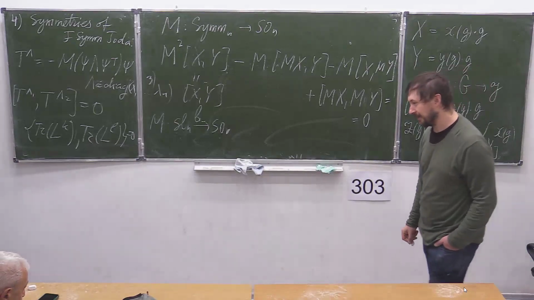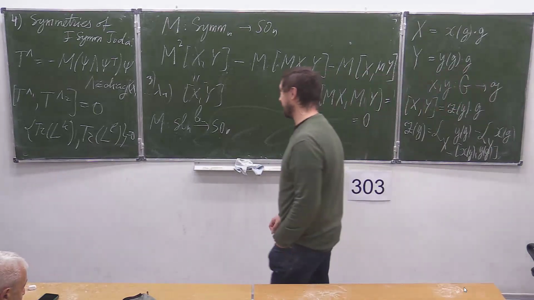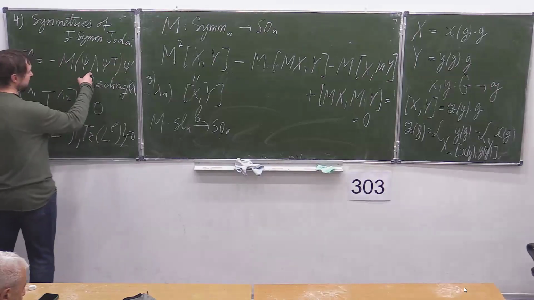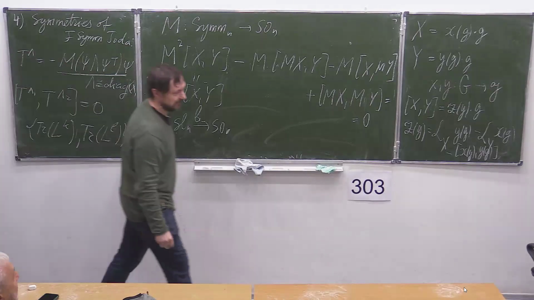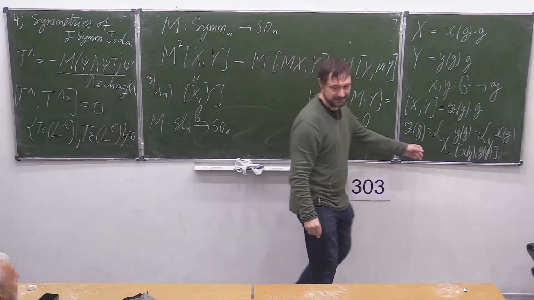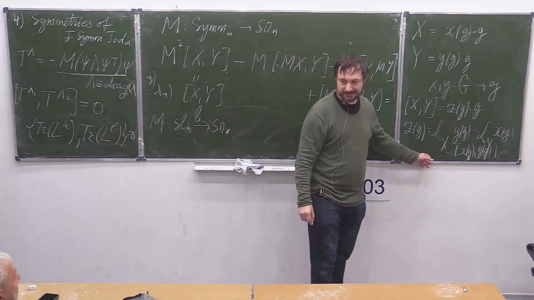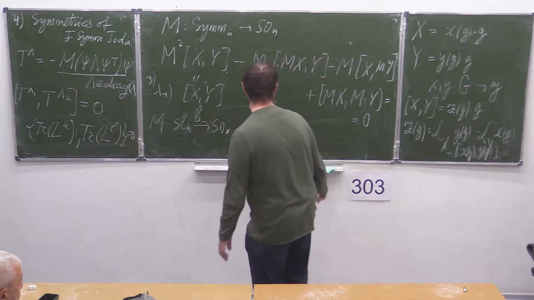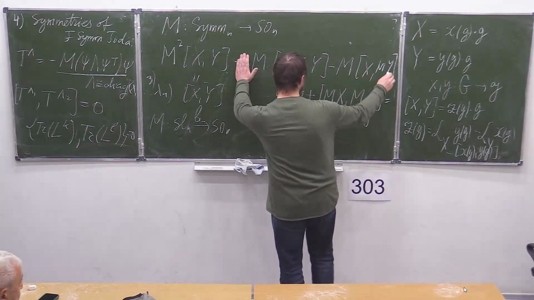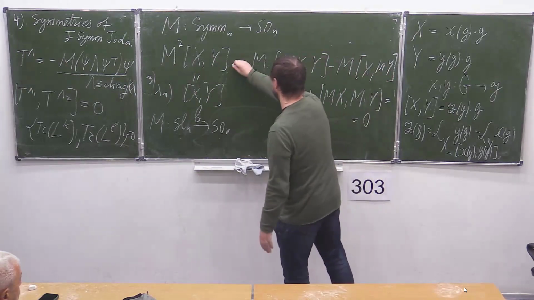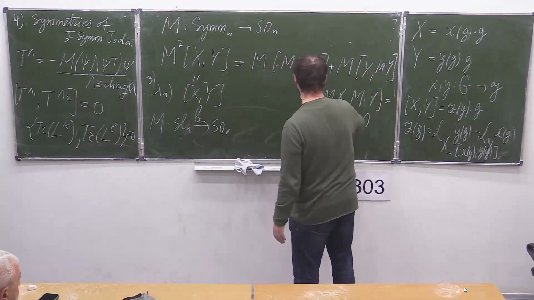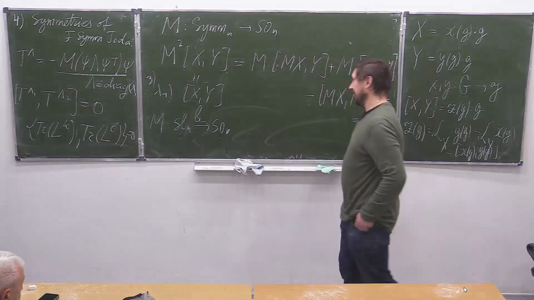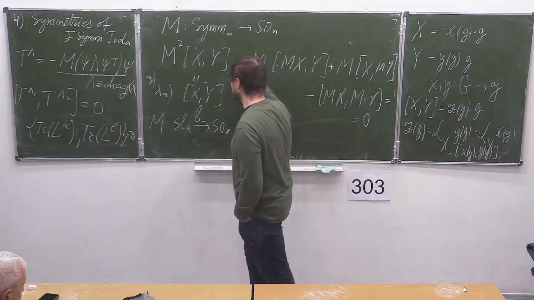A very simple formula which I couldn't find in the literature. So now you take two vector fields of this form and apply this formula. Then you obtain precisely the right-hand side of this equation, so you replace it with the left side.